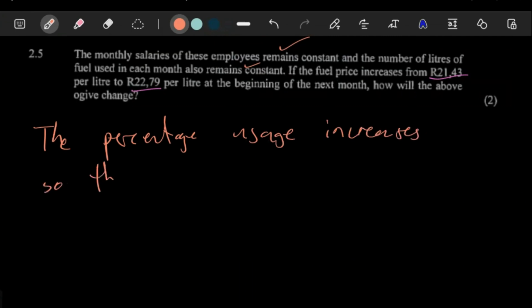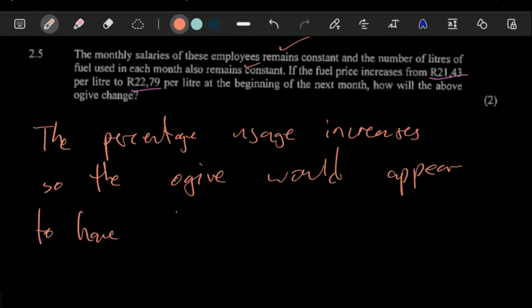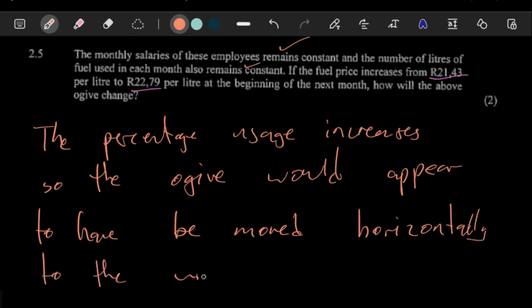So the OGIF would appear to have been moved horizontally to the right.